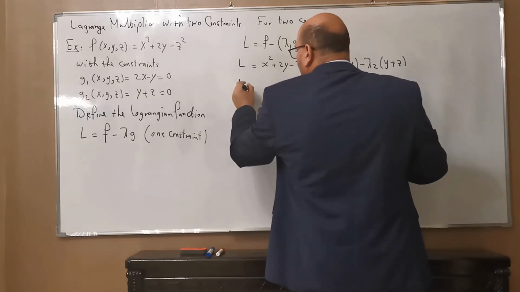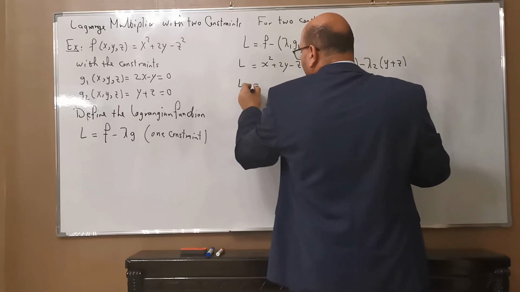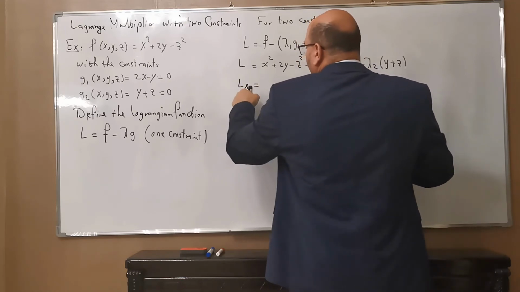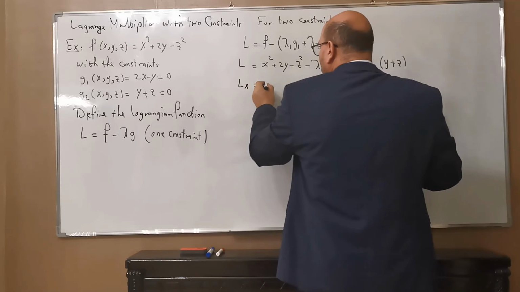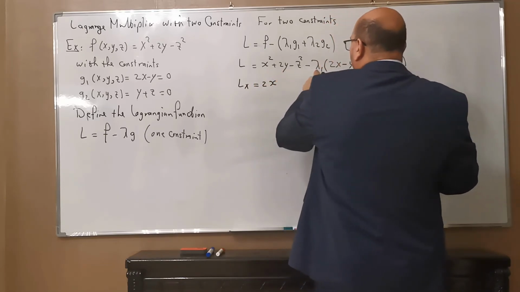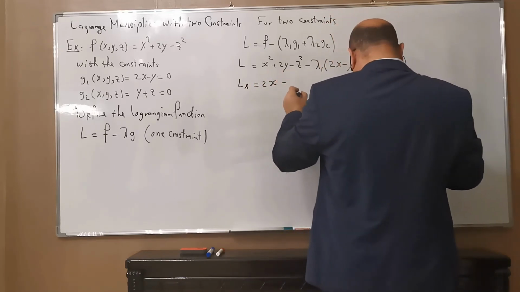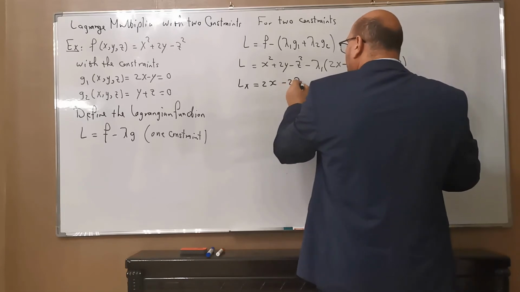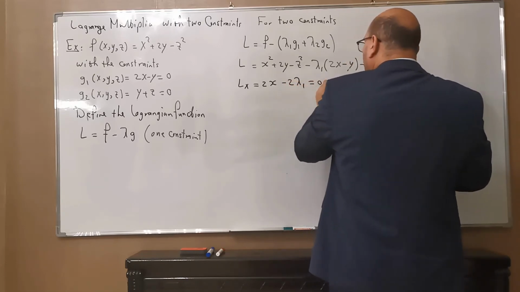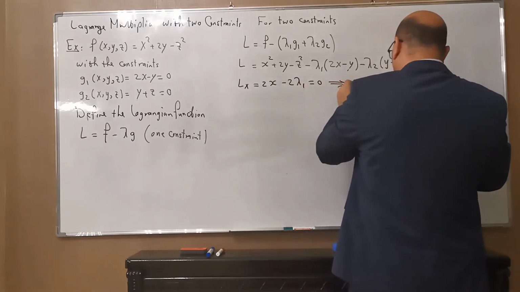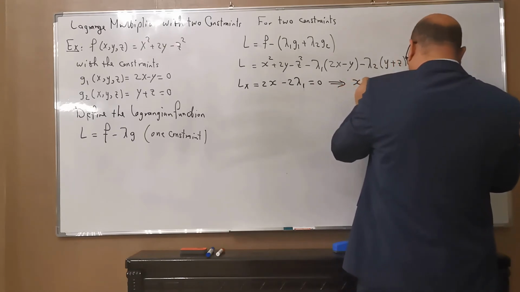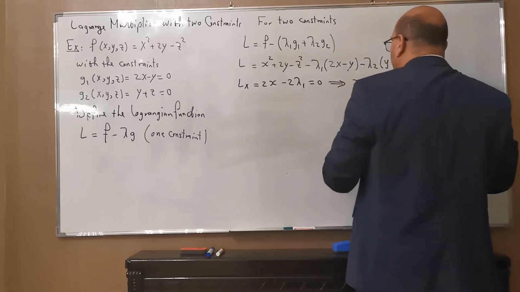So the first one will be Lx, which is the derivative with respect to x. So this is 2x minus 2 lambda 1. This equals 0. And from this equation, we can find that x equals lambda 1.